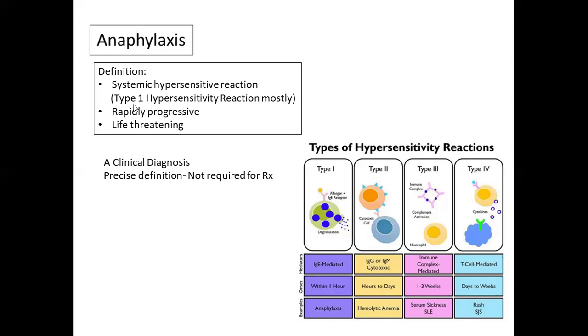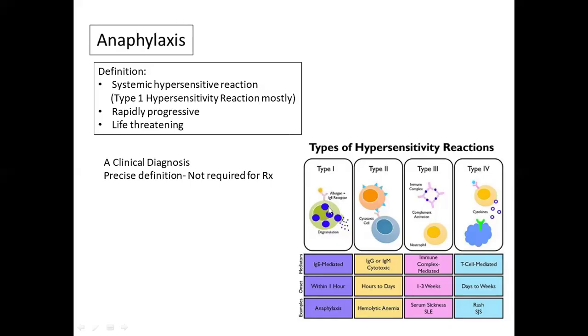So it is usually a type 1 hypersensitivity reaction. Sometimes it happens without any IgE mediated mechanism, right? Here, that is the type 1 hypersensitivity reaction. That means there should be a previous exposure to an allergen.